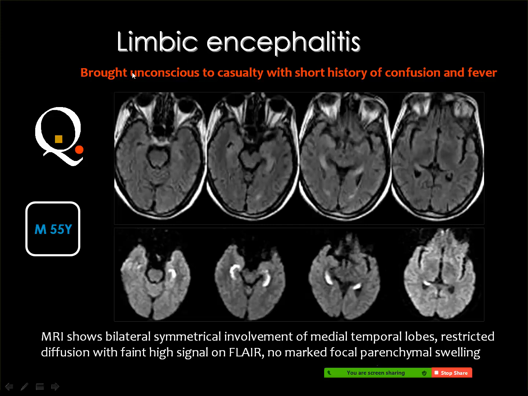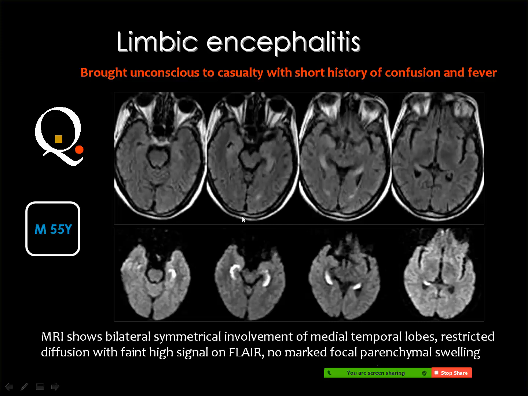This is the lesion which is now seen frequently in clinical practice, known as limbic encephalitis. And this limbic encephalitis looks like mesial temporal sclerosis, except it is bilateral and symmetric and produces diffusion restriction.